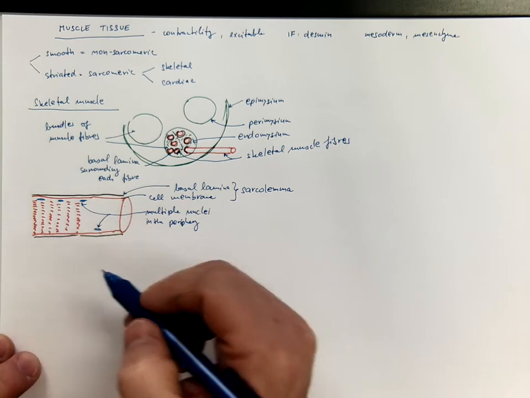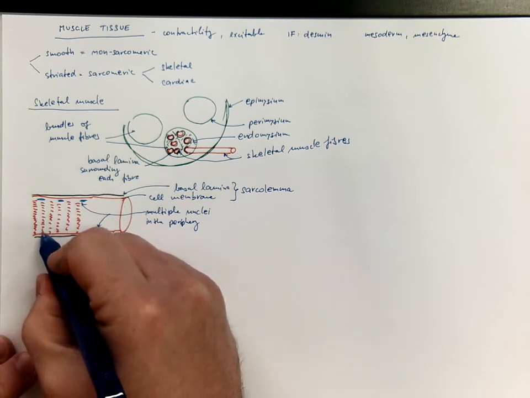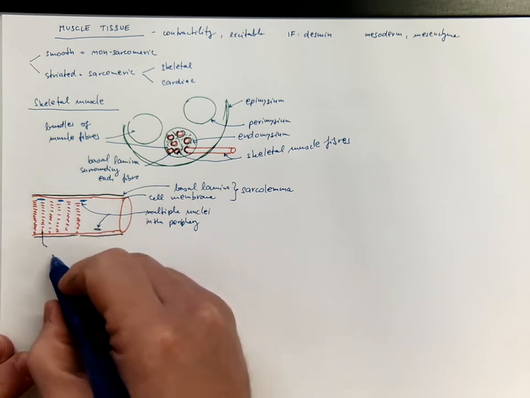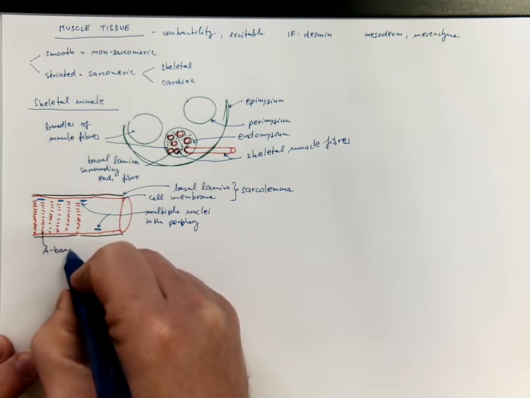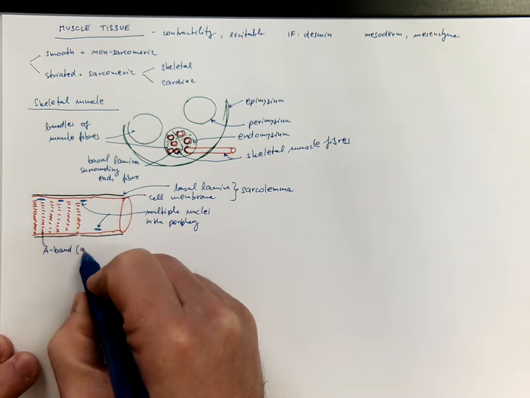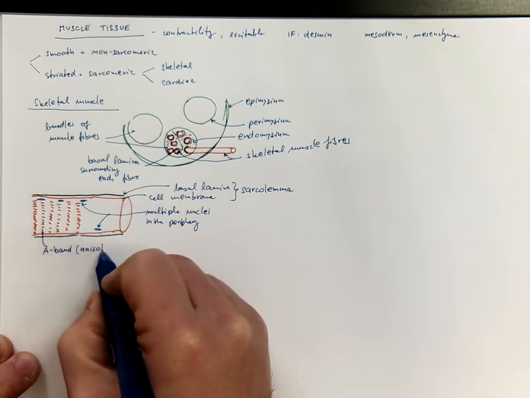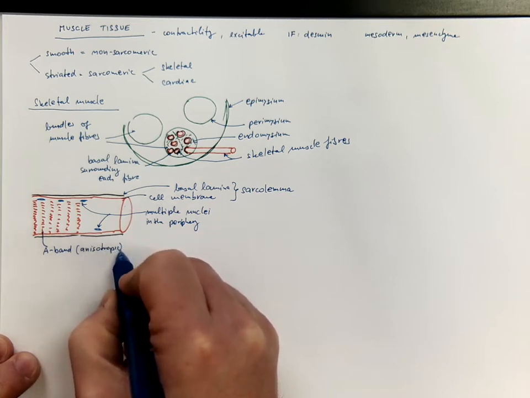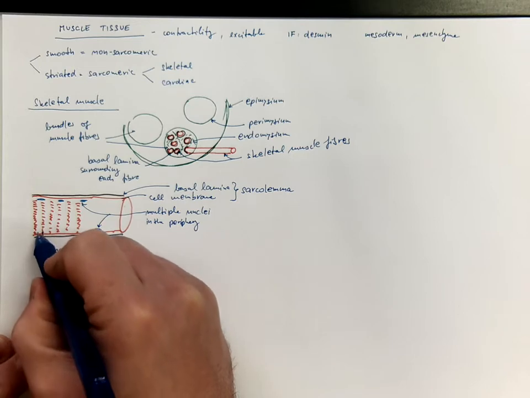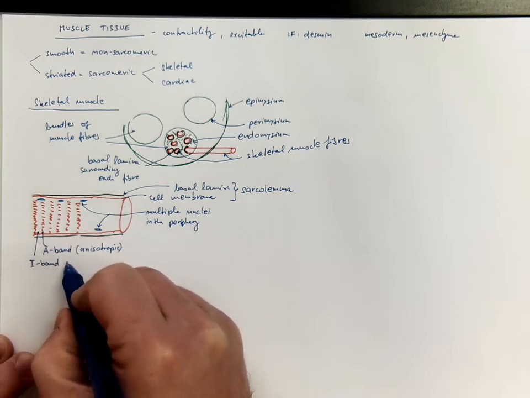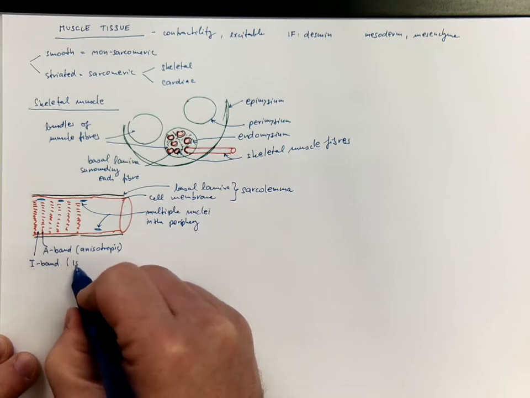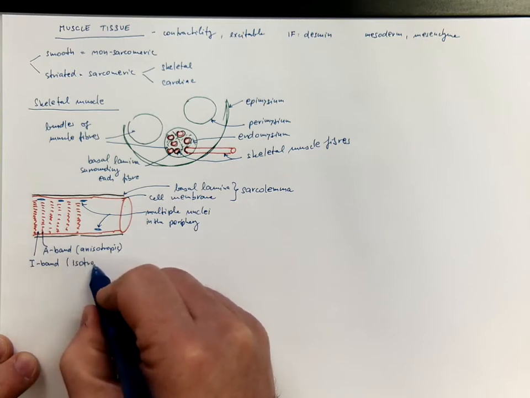And we got this pattern of dark bands, which are called A bands, A like anisotropic, and lighter I bands. I means isotropic in this context.